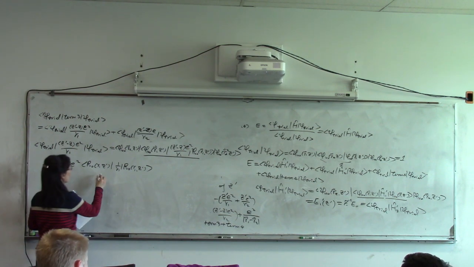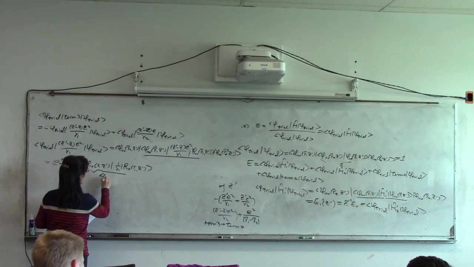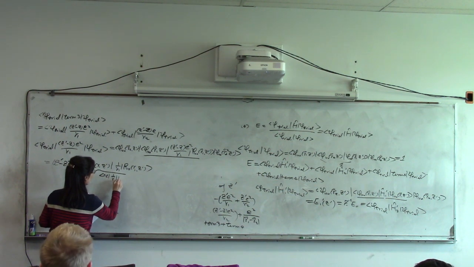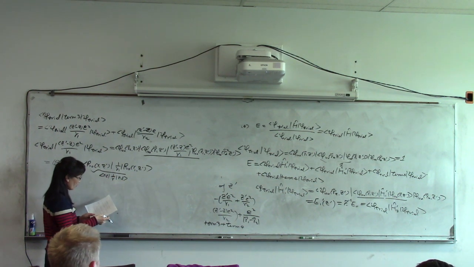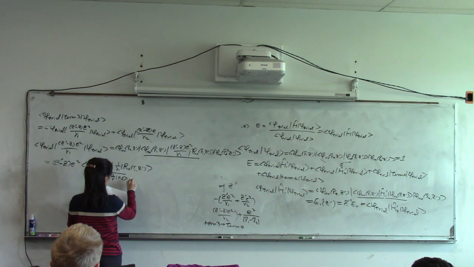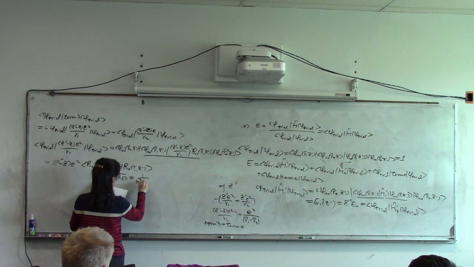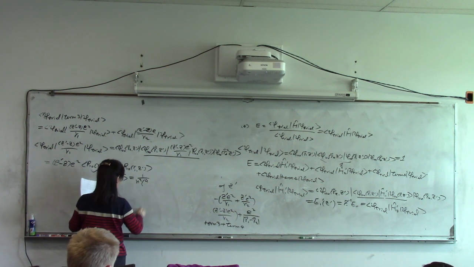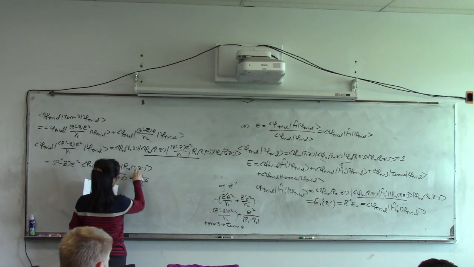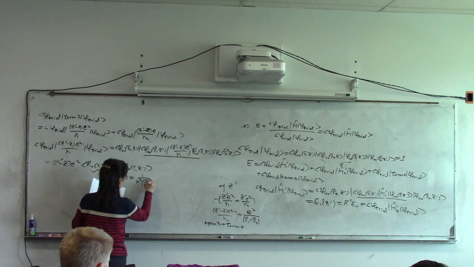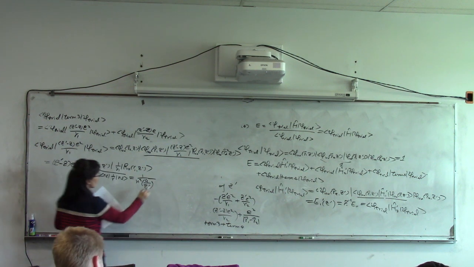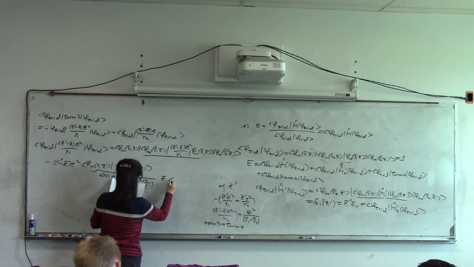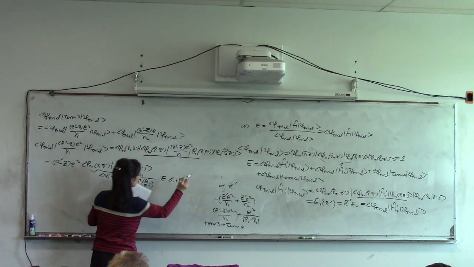Then here, you just use the expectation of 1 over r for nl in chapter 6, right? That's equal to 1 over n²a. Since we have Z', I use Z'. Go to equation 6.82.